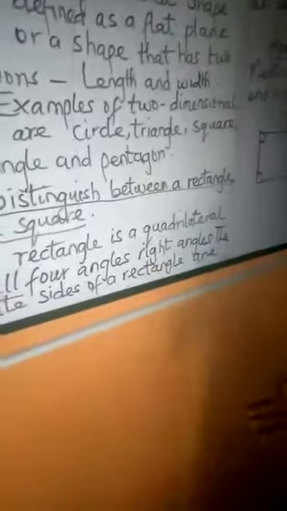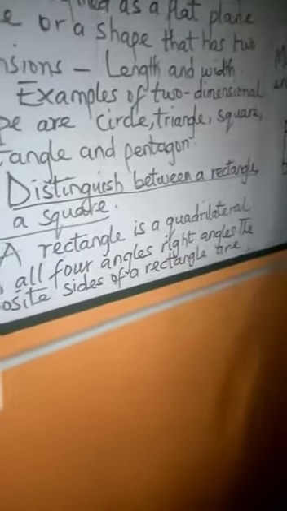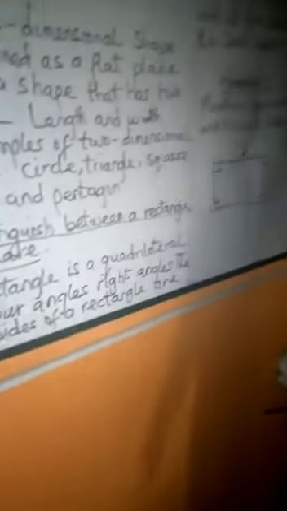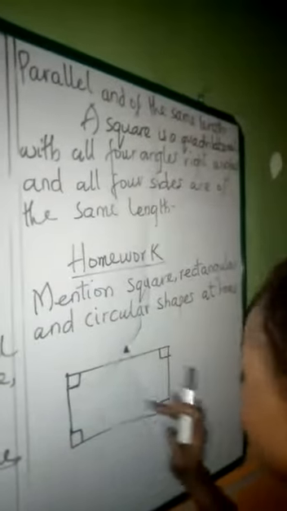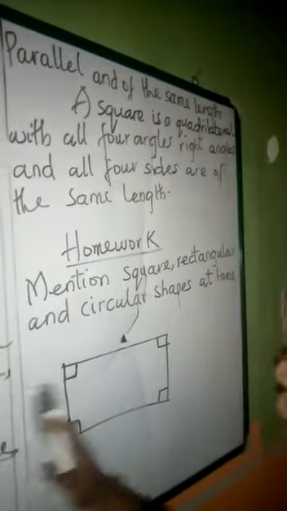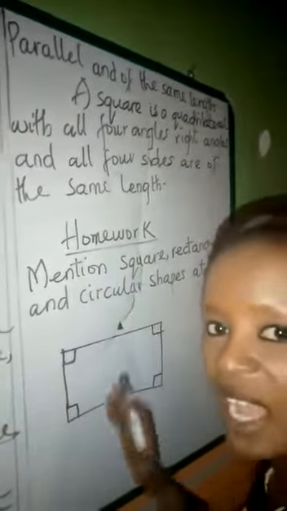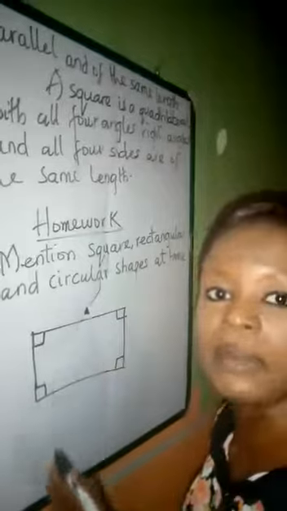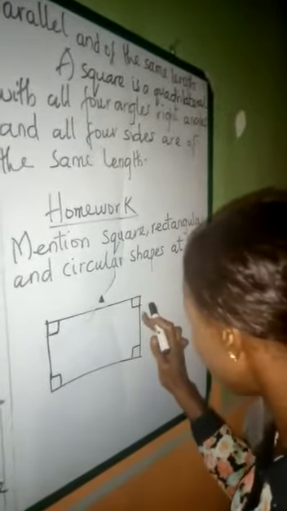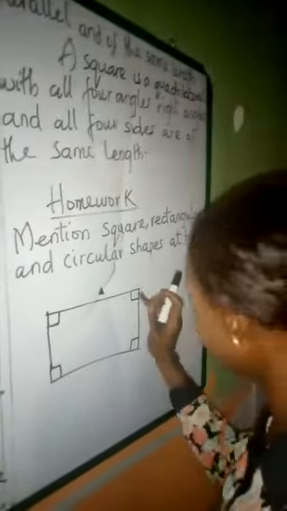These are the opposite sides. The opposite sides of a rectangle are parallel and of the same length. Can you see? This one is parallel to this one, while this one is parallel to this. This one is not bigger than this.